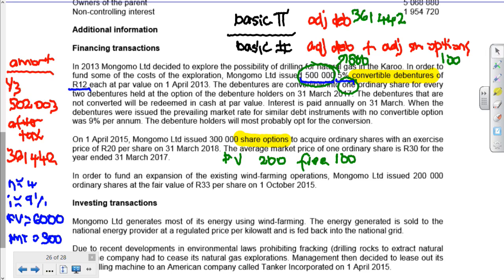N is 4. When we do debentures in MAC, we work after tax, but when we do debentures in FNAC, we work pre-tax. N is 4, I is 9, future value is 6, payment is 300. You get 5,222 something as your PV. Then we want to amortise to year 3 because our year end is March 16.